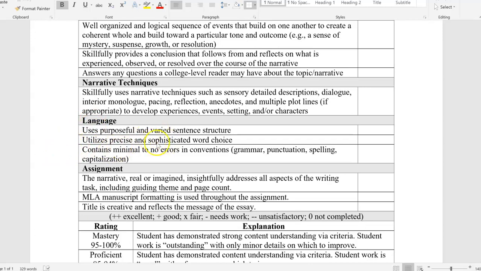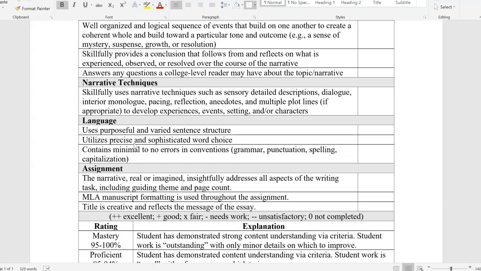This is where we avoid using words like thing and very and stuff. We want to be specific with our words. We want to be precise. We don't want to be crazy. We don't want to look up all the synonyms. We don't want to overuse the thesaurus, right? But we do want to use specific words, avoid those vague words.